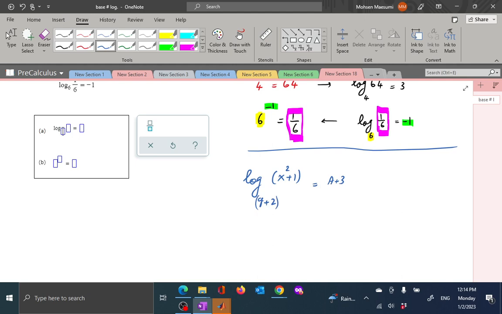All this means the same as before: whatever you had as the base, this is your base, raised to the exponent. We don't get distracted by what is inside these boxes. So here I write my base, here I write my exponent, and here I write my result, which is x squared plus 1.